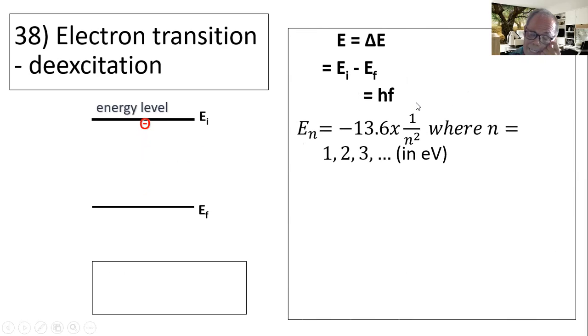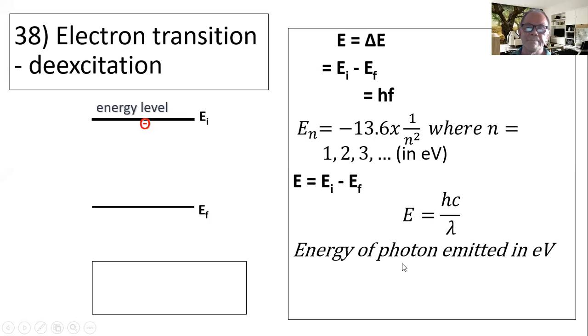Now we are just reapplying the equation that we derived earlier. We put this as Ei, then Ef, and put this in. Remember that E equals hc over lambda, the energy of the photon emitted.